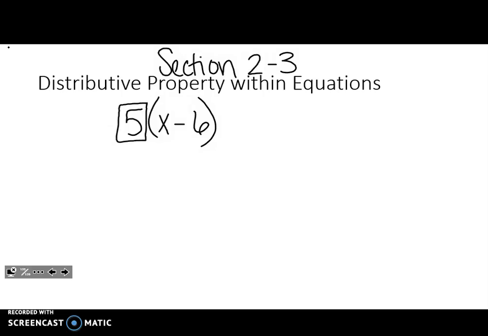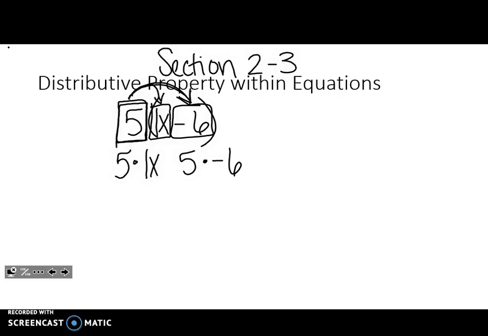So when you distribute, you're going to take the number on the outside of the parentheses and you're going to multiply it times both parts on the inside of the parentheses. So you're going to take 5 times 1x, and you're going to take 5 times, and that's a negative 6, to simplify this problem.